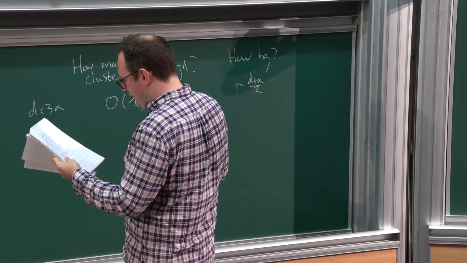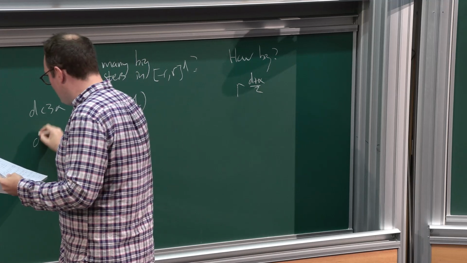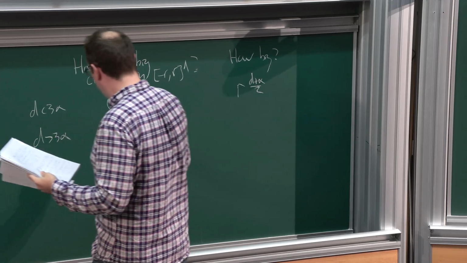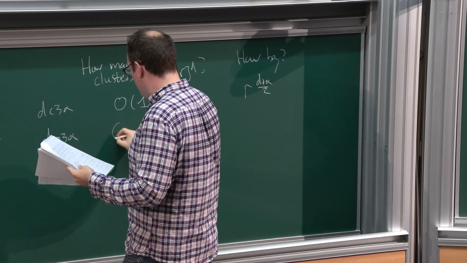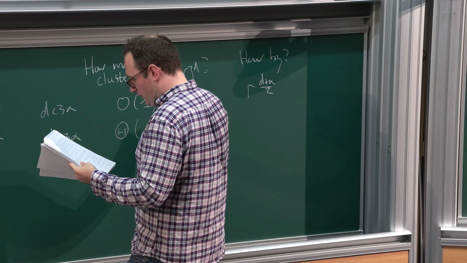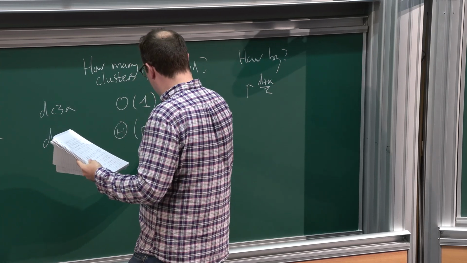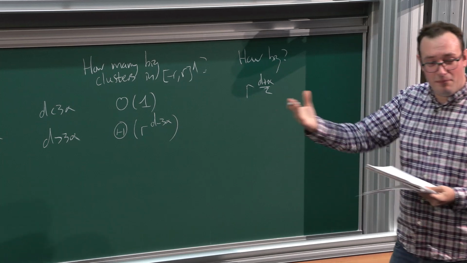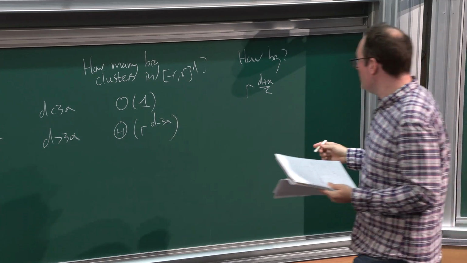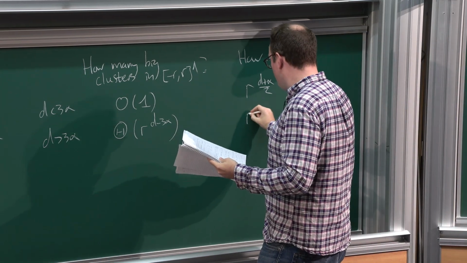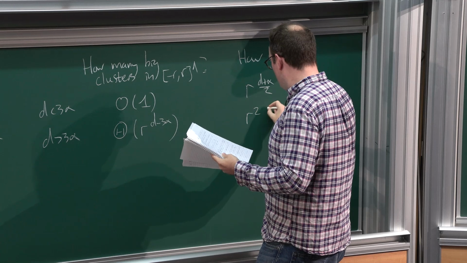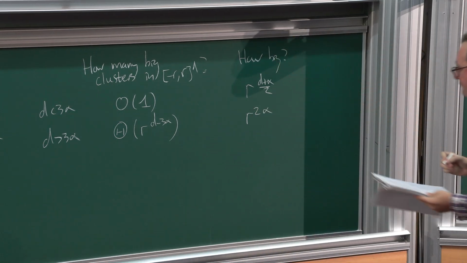In the case d bigger than 3 alpha, we have order r to the d minus 3 alpha of these large clusters, and they have size r to the 2 alpha.